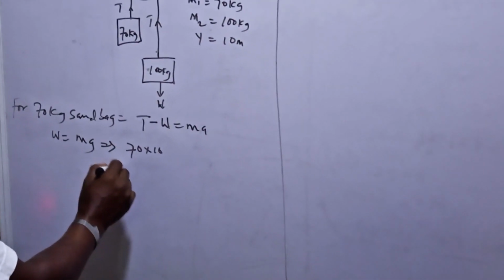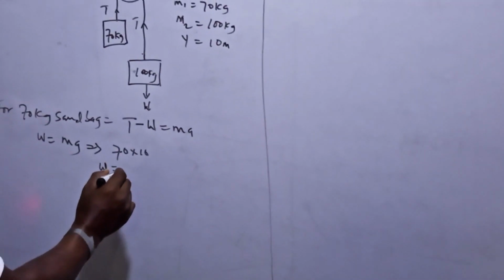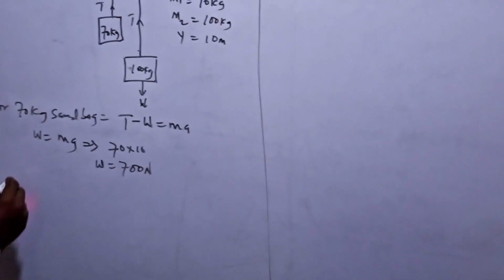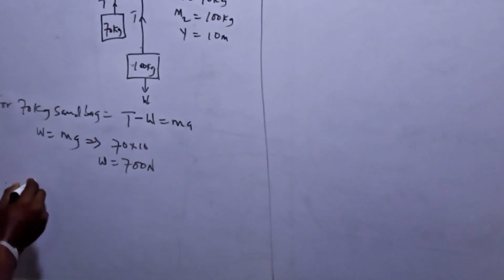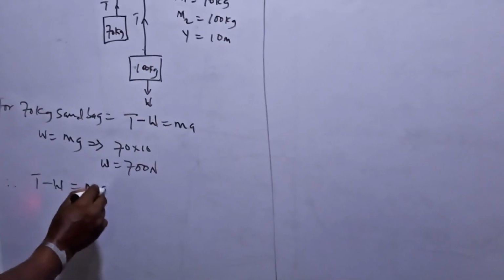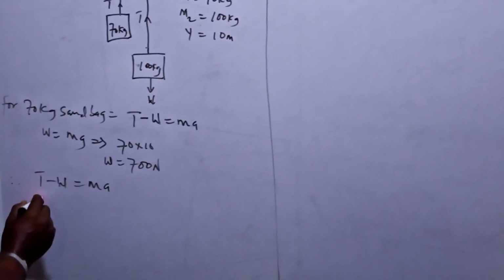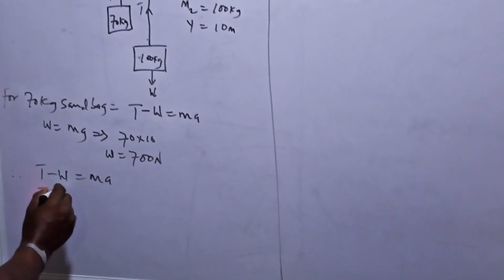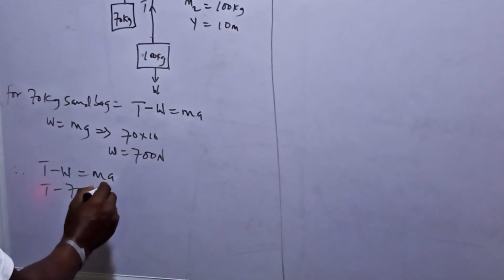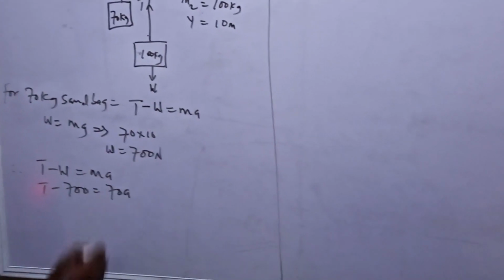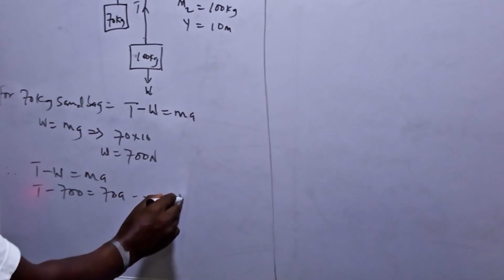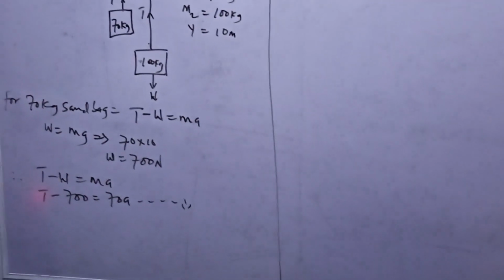Weight here equals 700 Newton. Therefore, tension minus the weight, which is 700, equals the mass, 70, multiplied by acceleration. Let's call this equation 1.